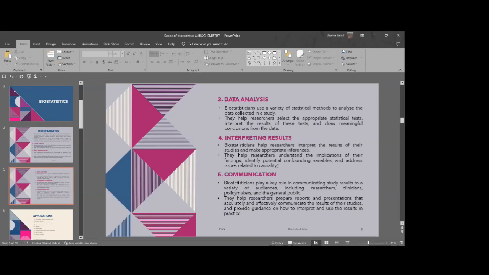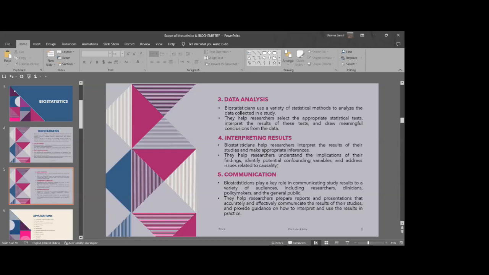Biostatisticians use a variety of statistical methods to analyze data collected in a study. They help researchers select the appropriate statistical test, interpret the results of these tests, and draw meaningful conclusions from the data.